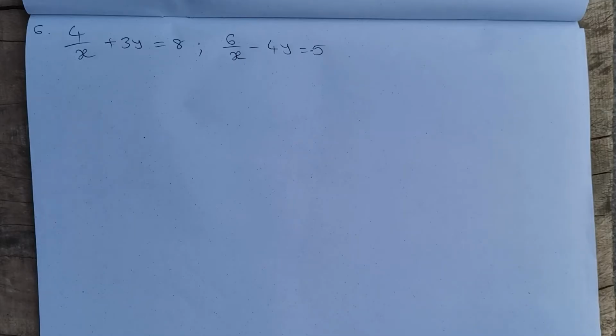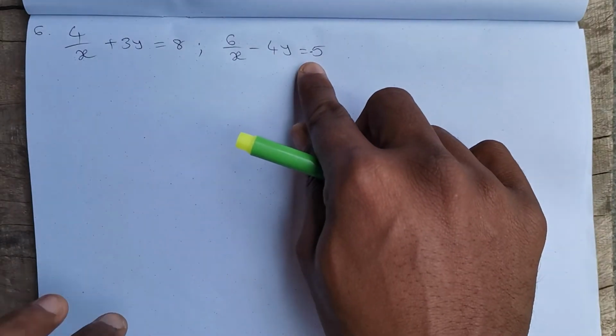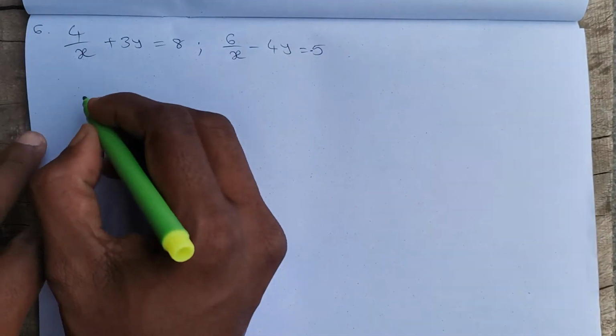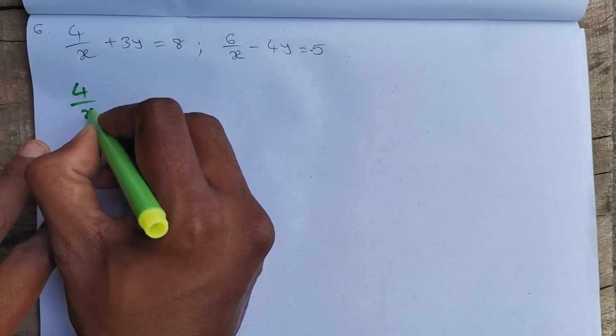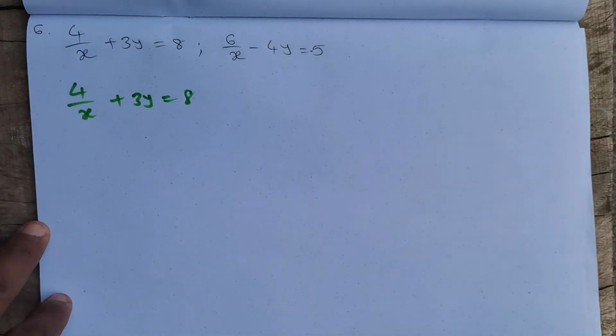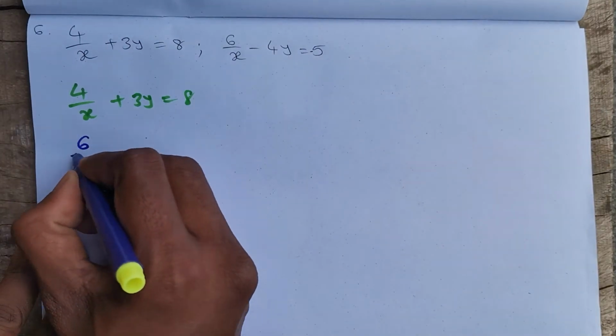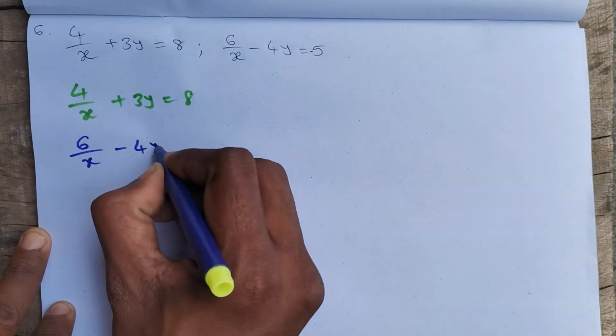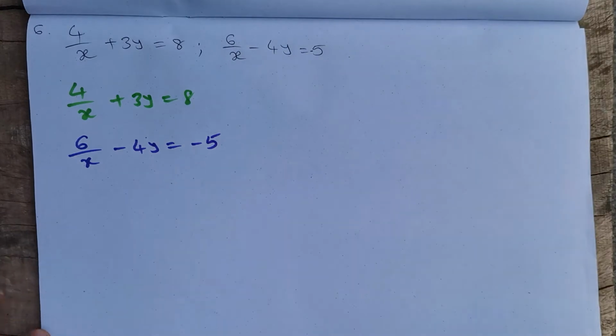Question number 6. 4 by x plus 3y equals 8. 6 by x minus 4y equals minus 5. Sorry, this is minus 5. Okay, now, 4 by x plus 3y equals 8. The second equation is given as 6 by x minus 4y equals minus 5.